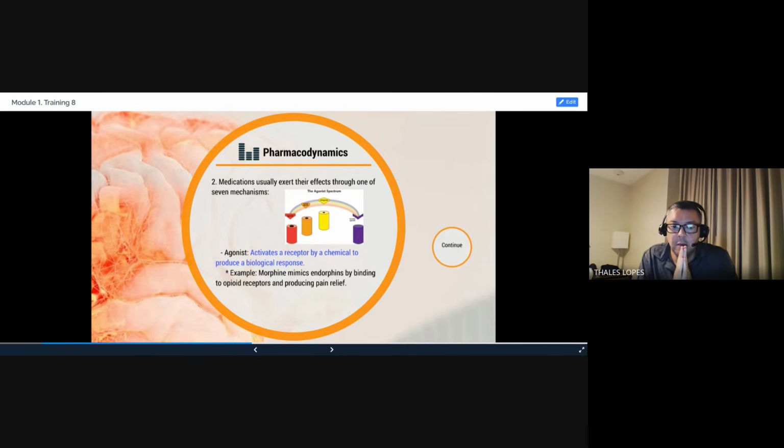Example, morphine mimics endorphins by binding to the opioid receptors and producing the pain relief. So it will activate the receptor, and the biological response will be reduced pain. Agonistic, activate the receptor by a chemical to produce a biological response.